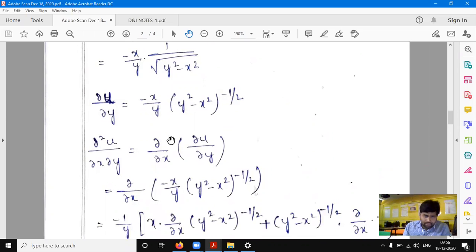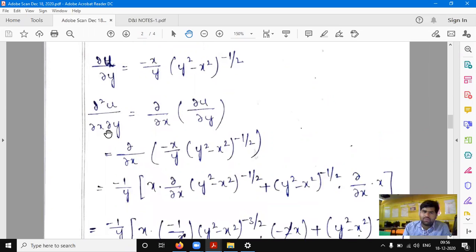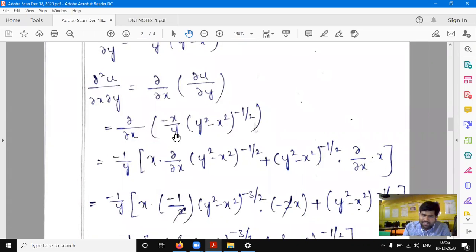So we need ∂²u/∂x∂y, which is nothing but ∂/∂x of ∂u/∂y. ∂u/∂y is this one, so we write that here: ∂/∂x of minus x by y into (y square minus x square) to the power of minus 1 by 2. With respect to x, minus 1 by y is constant, so we write it first.